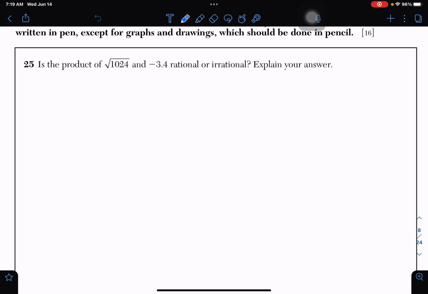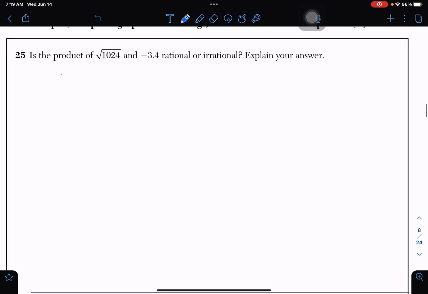So we put in our calculator the square root of 1024, so you do second, x squared, 1024, and you hit enter, and this is 32, so this is rational.